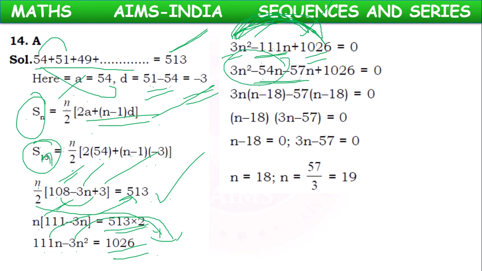From the first two terms, let's take 3n common, n minus 18 will come. From the next two terms, let's take minus 57 common, n minus 18 will come. Again, n minus 18 we can take common, 3n minus 57 will come, or n equals 18, or n equals 57 by 3, which is equal to 19.